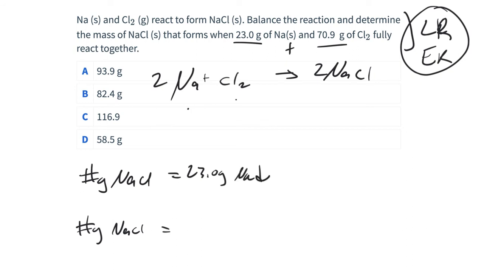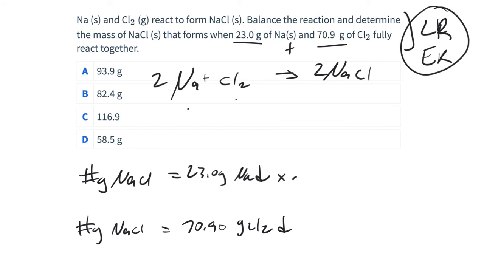And then if I consume all of the chlorine, then how much product could I make? So let's just do the sodium first. And then we're going to evaluate whichever one makes less, because whenever I make less product with one reactant, I've consumed that reactant, and I won't have enough to make the greater quantity.